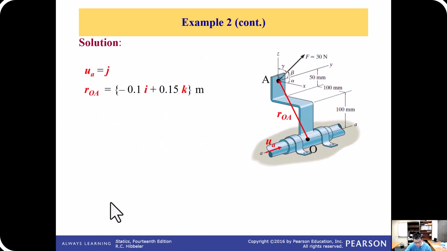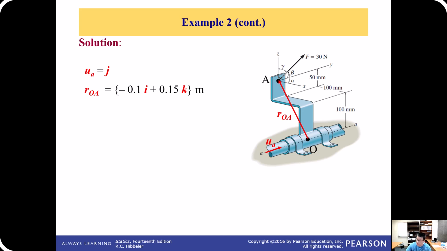So what's ua? For this problem, we want to find F's moment about the aa axis. Because x is this direction and z is this direction, the aa axis should be the y direction, because aa is perpendicular to the xz plane.